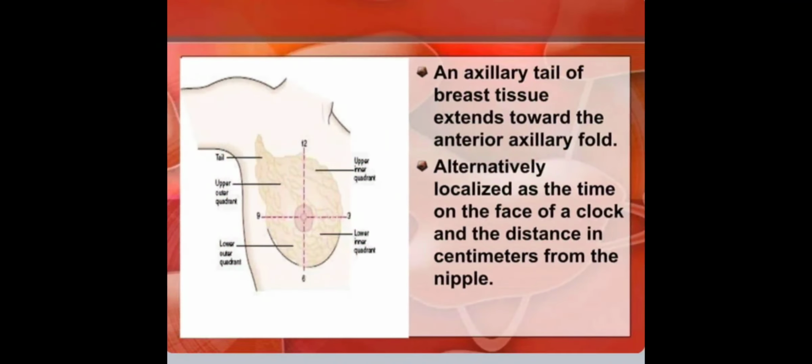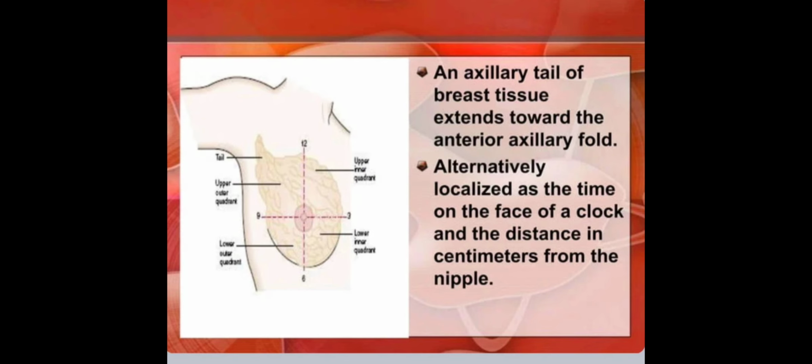An axillary tail of breast tissue extends towards the anterior axillary fold, alternatively localized as the time on the face of a clock and the distance in centimeters from the nipple. So kunwari, ito yung parang watch hand, dito yung center, and then you imagine, when you assess, at 10 o'clock, you imagine na ito po ay orasan.